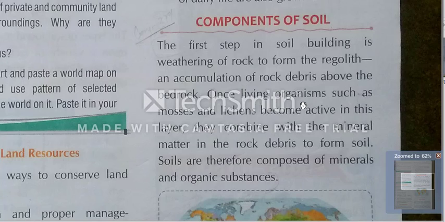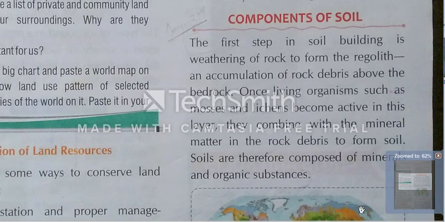Once living organisms such as mosses and lichens become active in this layer, organisms means creatures. One word is mosses. Mosses means dirt, also called marsh. In Hindi it's called kai. Clear?